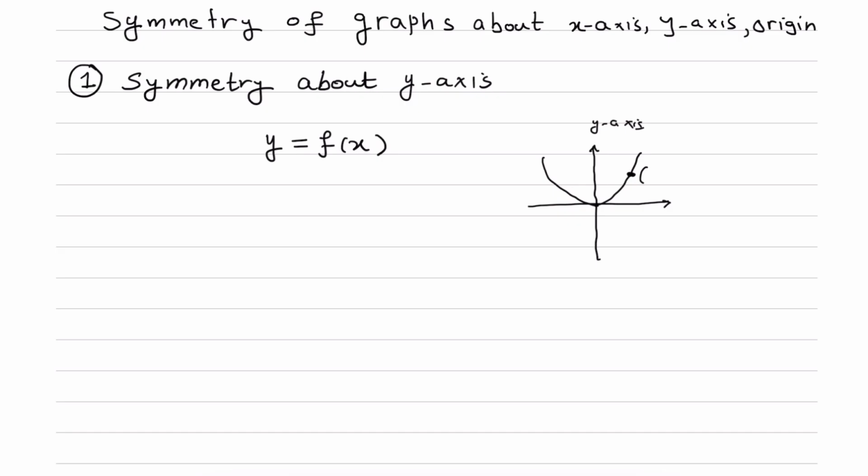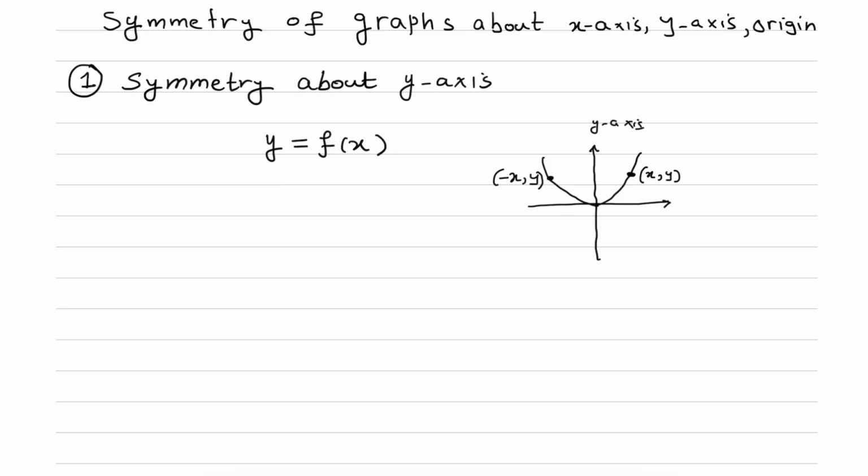Let's say it has coordinates x, y, and corresponding to this point, on the other side of y-axis we have a point on the same graph as minus x, y. So this graph is symmetric about y-axis, which means whatever is the shape on one side of y-axis, the same is the shape on the other side of y-axis.